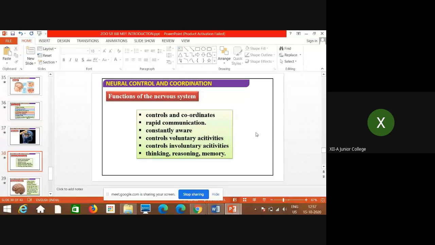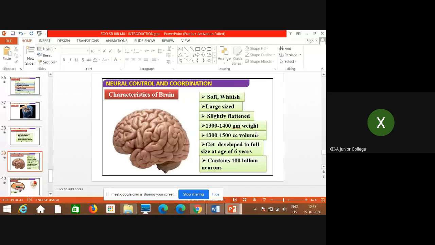So functions of the nervous system: it controls and coordinates, rapid communication, constantly aware, controls voluntary as well as involuntary activities, and then thinking, reasoning, memory, etc. These are the functions of the central nervous system.